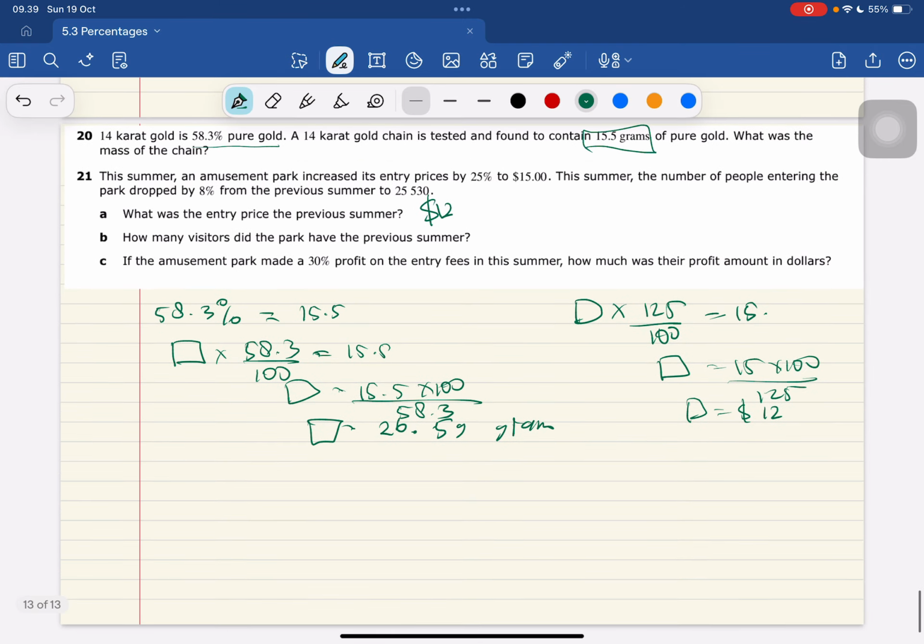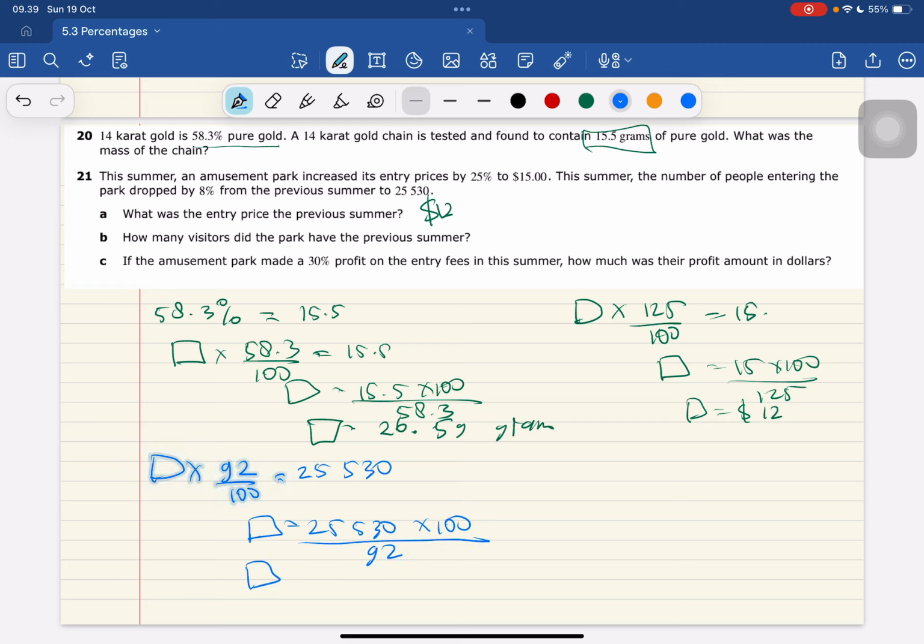Next, how many visitors did the park have the previous summer? This is decreased by 8%. So 100 minus 8, it's going to be 92 over 100 times the previous number of visitors, 25,530. So the visitors is 25,530 times 100 and divide by 92.